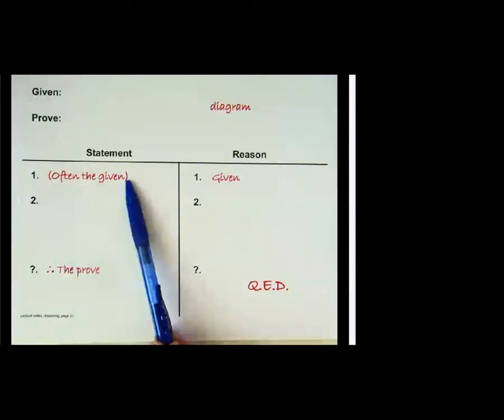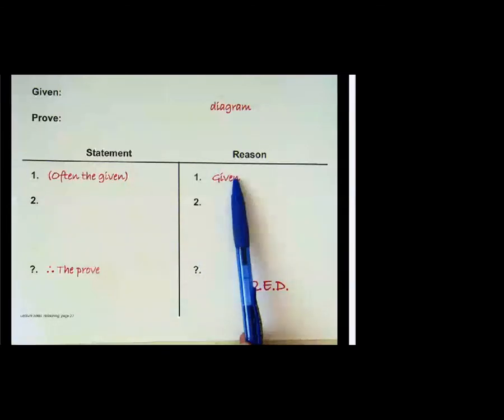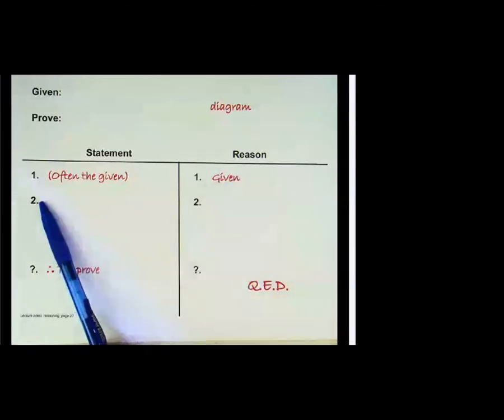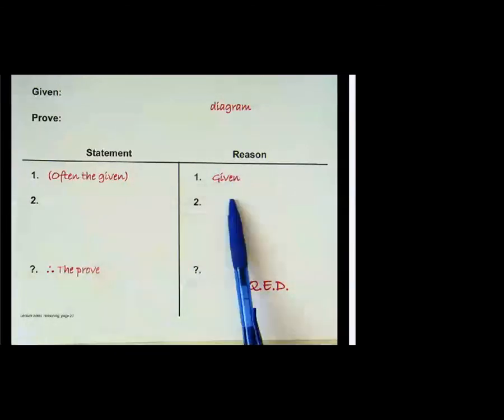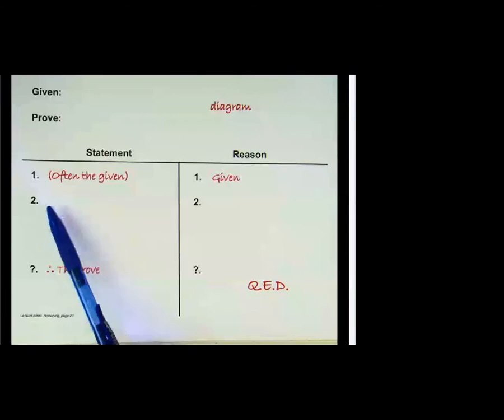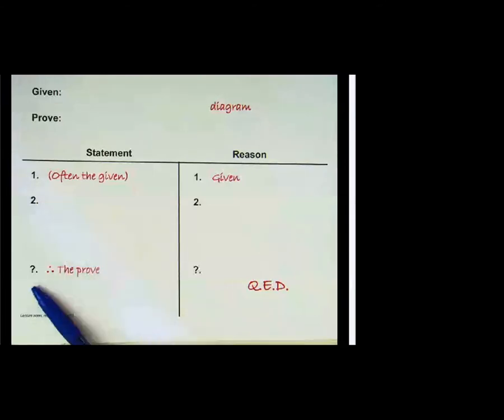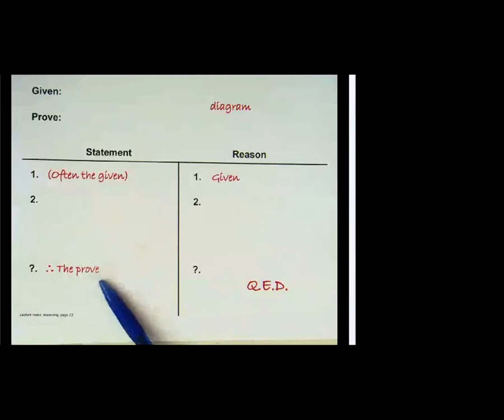So you write a statement, and why was it okay for me to do that? You put the reason here. Then you write your next statement, you put the reason why you're allowed to do statement number 2. And 3 and 4 and 5 and down to how many ever you get. And the last one will always be the proof. What you're supposed to prove.